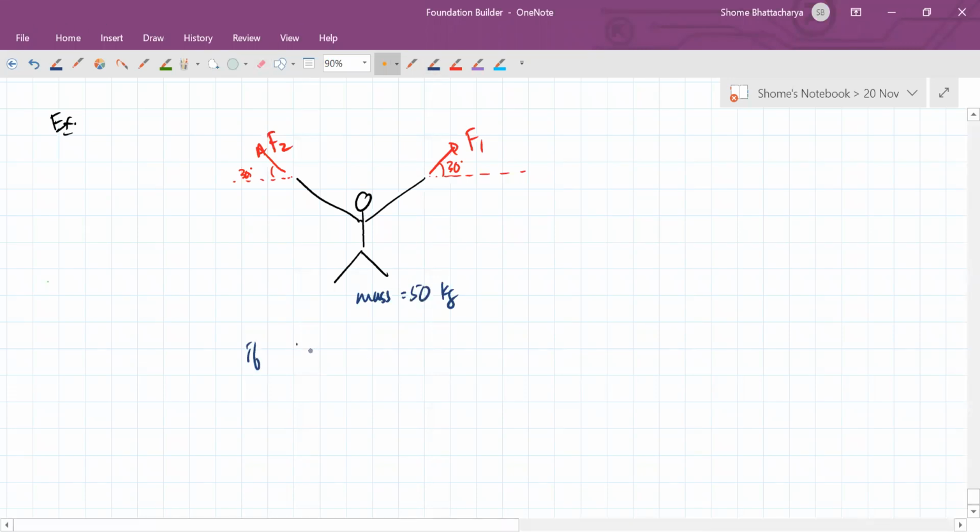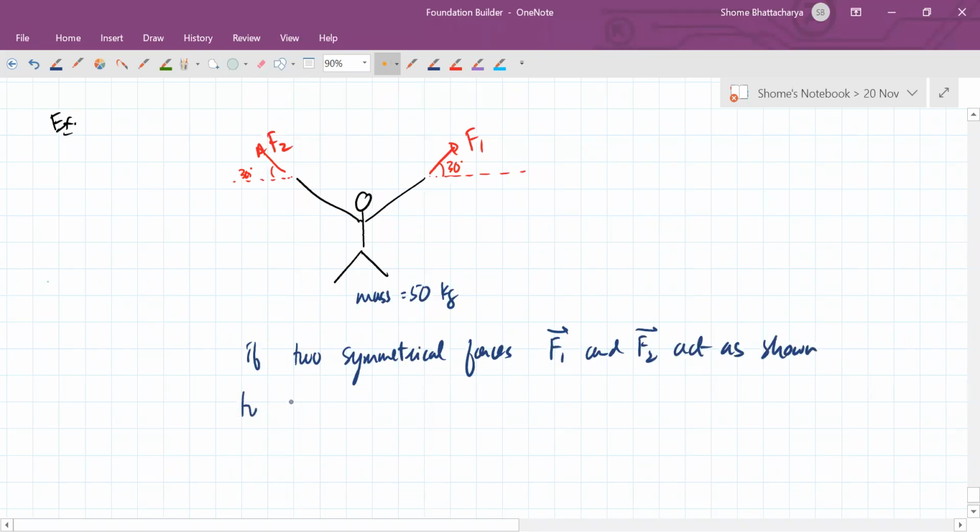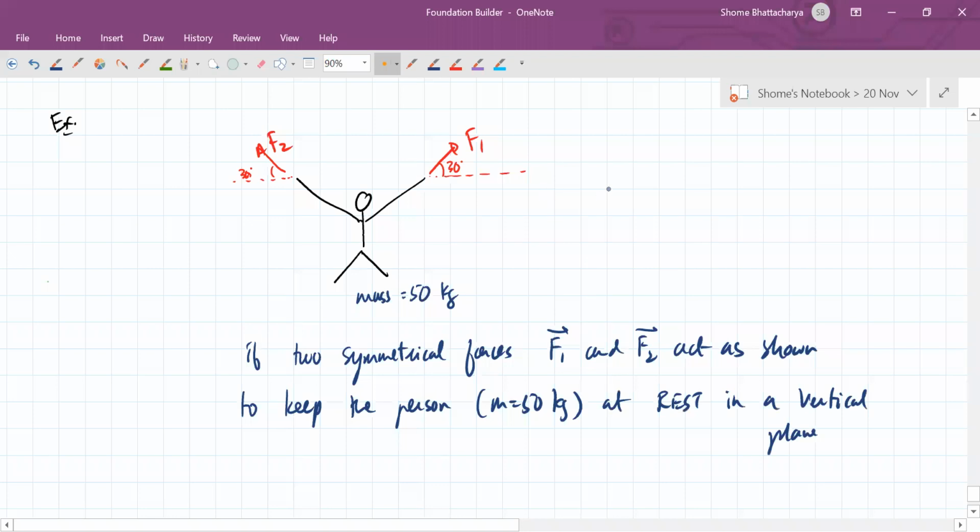So if two symmetrical forces F1 and F2 act as shown to keep the person of mass 50 kg at rest in a vertical plane. Okay.